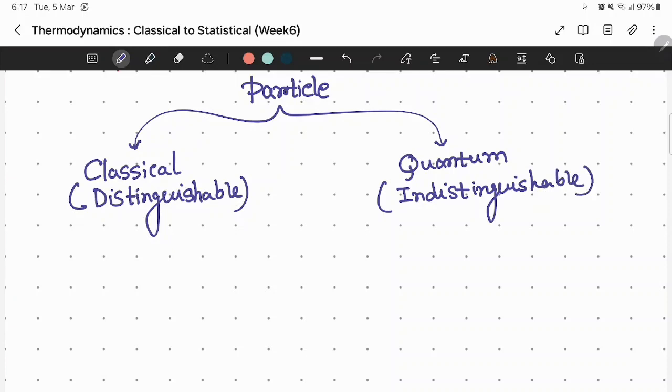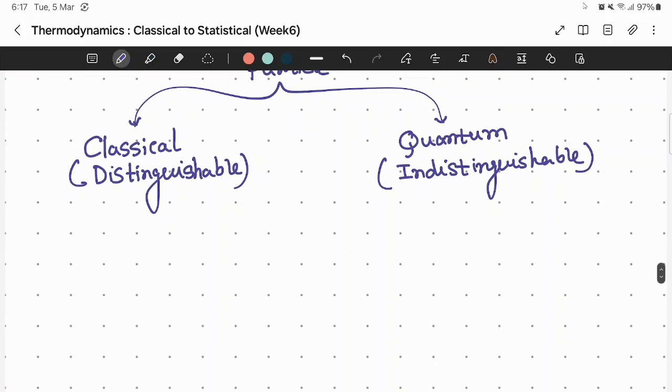What does it mean? It means you can distinguish classical particles. Let's say you have two identical classical particles, both red balls. Though they are identical, you can distinguish them.